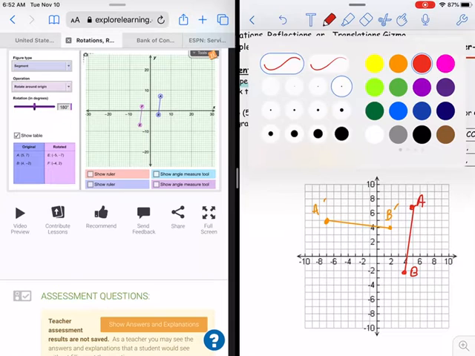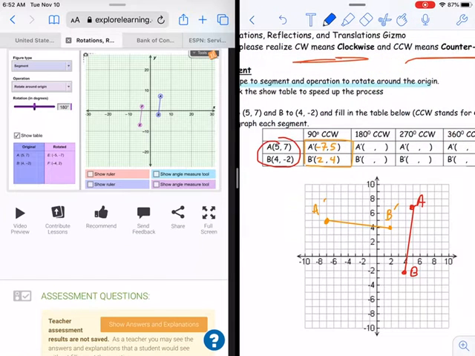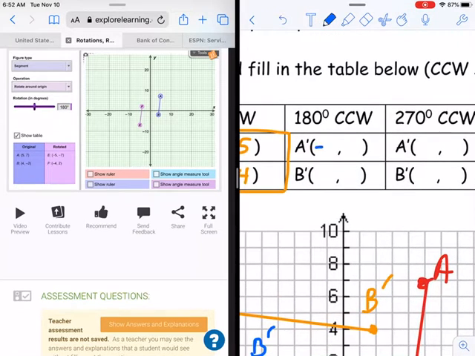But anyways, now let's just plot the points. Doing a lot of repetition today. This time, A prime is going to be at -5, -7. And F is going to be at -4, 2, or I'll call that B prime. So -5, -7, -4, 2.